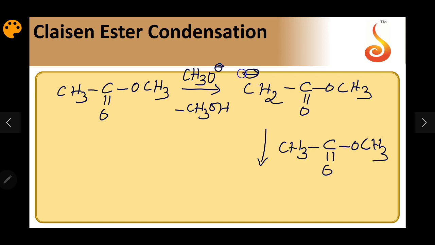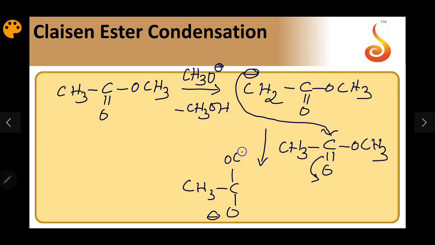Same as aldol condensation, it will also form a tetrahedral intermediate. So I'll get CH3 C O minus, this OCH3 I'll write here, and CH2COOCH3. In the case of aldol condensation, the O minus will take a proton and become beta hydroxy aldehyde or ketone.